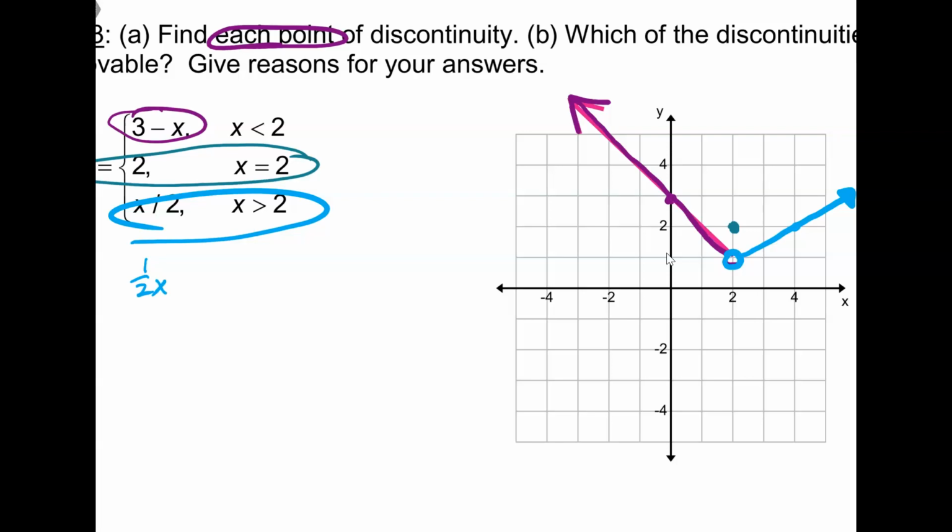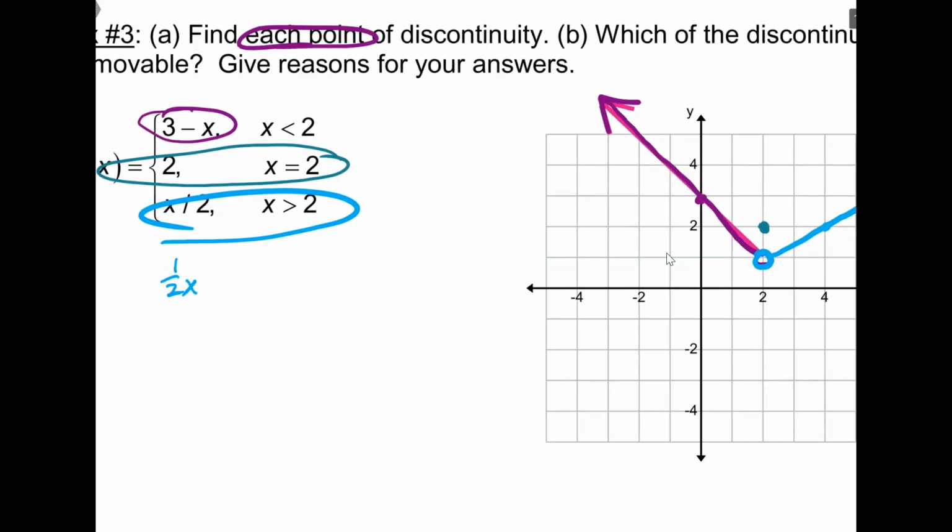Okay, so let's look at the different discontinuities we have. What kind of discontinuity do we have and where is it? We have a removable discontinuity at x equals 2. So that was A, find each point of discontinuity. We only have one, it's removable. B, which of them are removable?